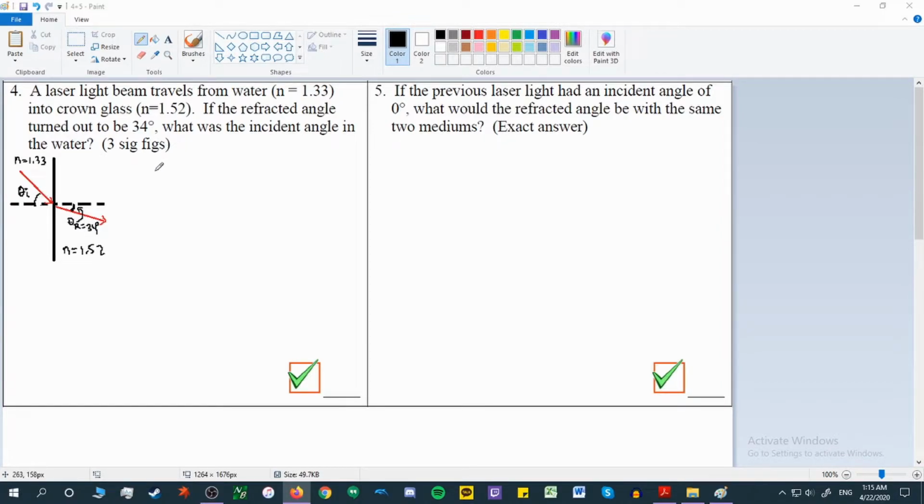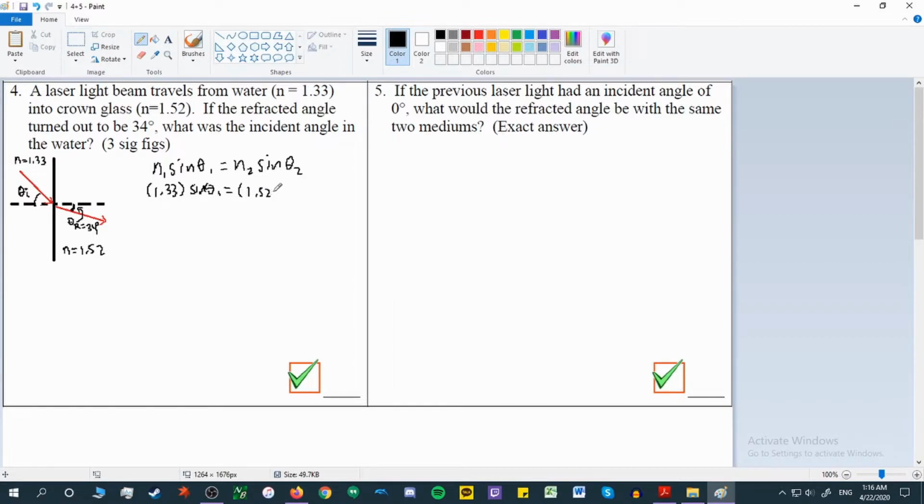So, different problem, but the same formula, where we're going to use Snell's law again. We're going to write that out. n1 sine theta 1 is equal to n2 sine theta 2. We know n1 is 1.33. The incident angle is what we're looking for, so we're going to leave that variable there.